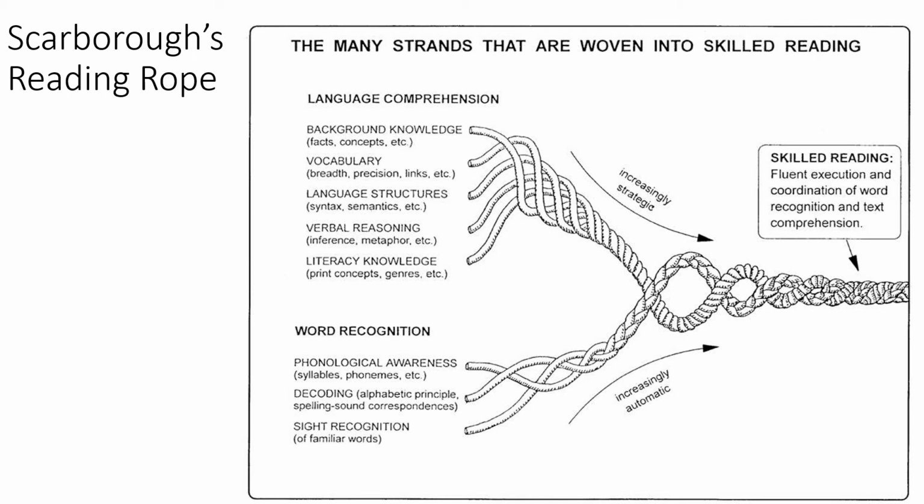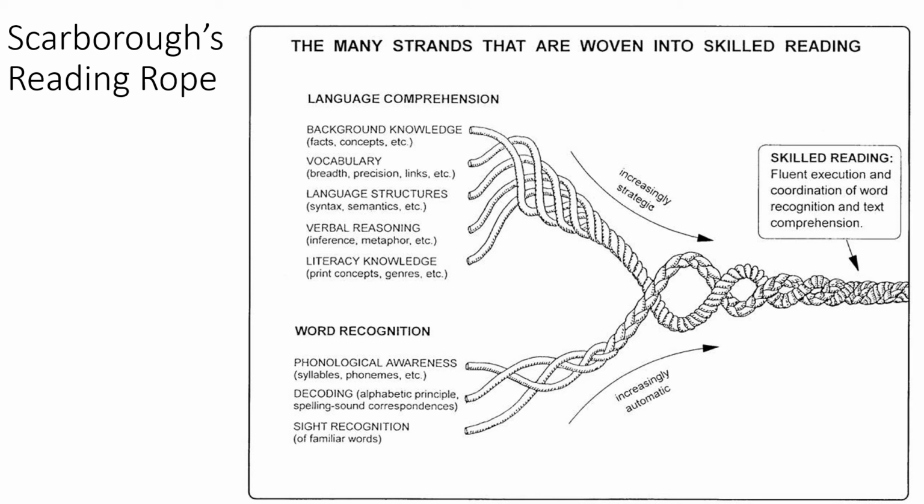This means inference and metaphor, and then literacy knowledge. This has to do with the genres like we were talking about before, the different concepts that we have within our content areas. Notice that this top strand is built upon the foundational knowledge of what we call word recognition, which is the bottom strand.